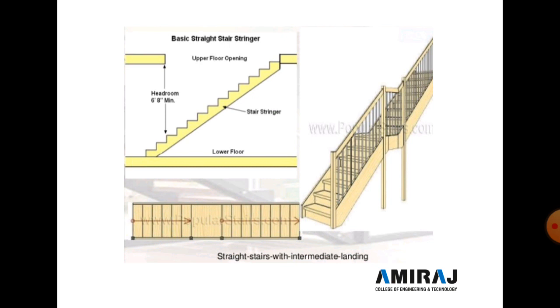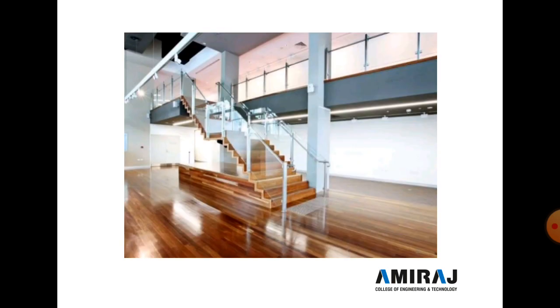Here after a few steps a landing is provided, a straight landing. But if we have space, this type of stair we prepare. And see this second figure. Here also landing is provided in a flat stair.